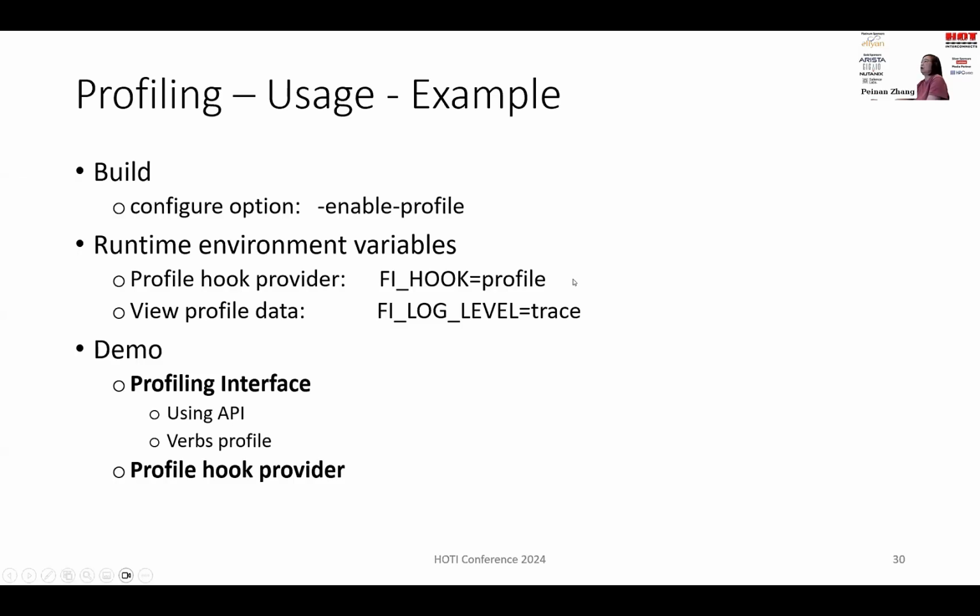For using the profile API on providers, we don't need this setting. All the profile data will be in the trace log, so we need to set the log level equal to trace. I'll demonstrate how to use the profiling API and show what the profile data looks like in different cases.